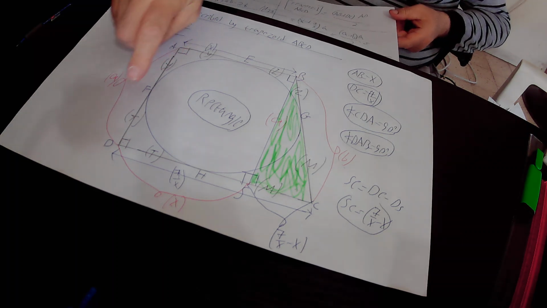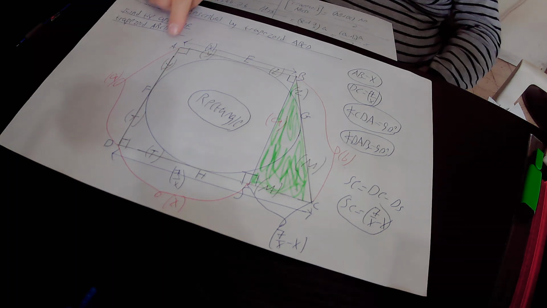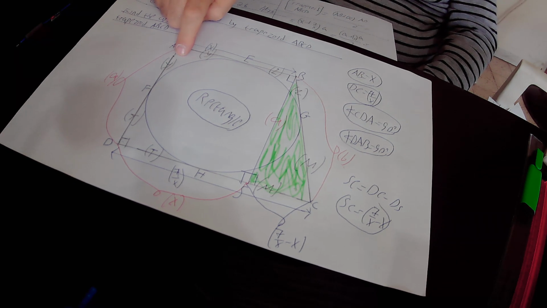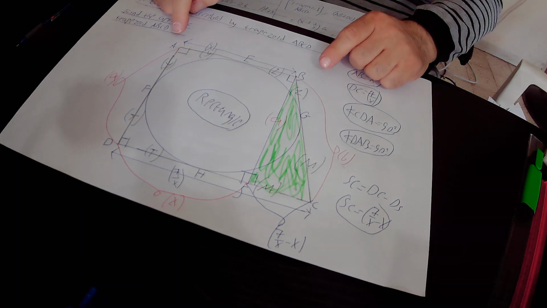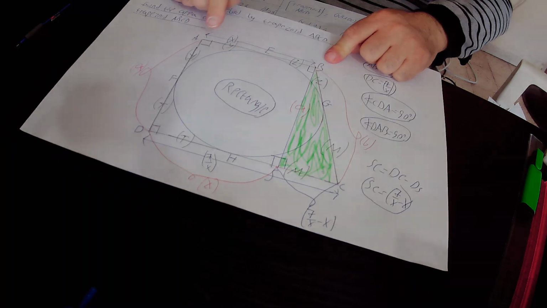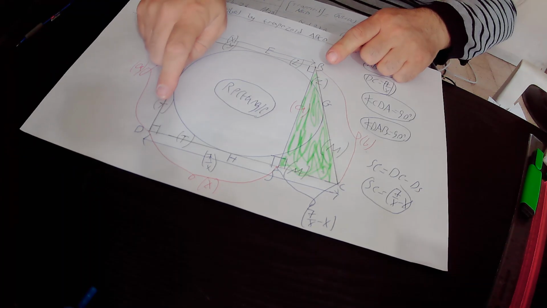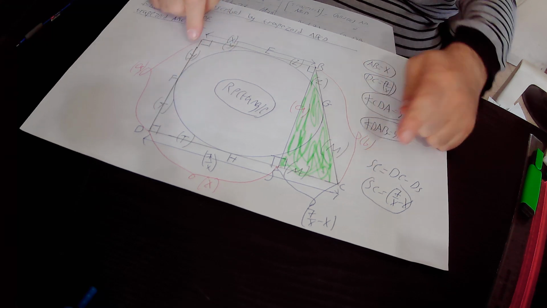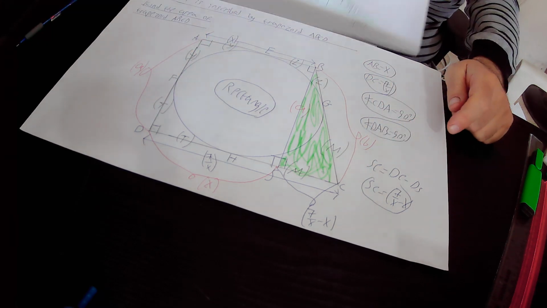Why is the height AD? Because the height AD makes 90 degrees with the two bases. Here, this angle equals 90 degrees, that is to say, side AD makes 90 degrees with the base AB, and here side AD also creates 90 degrees with the other base DC. Therefore, AD is the height to the base.